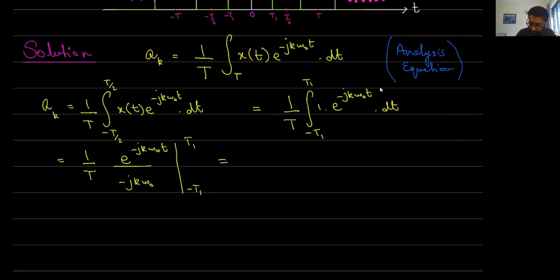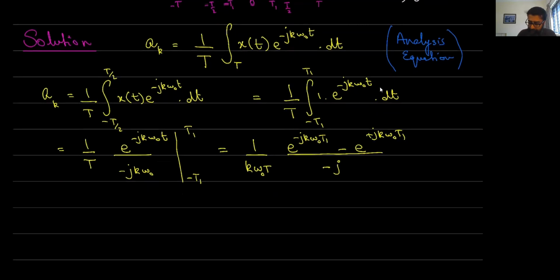Let me pull out this k omega naught outside, so this is 1 upon k omega naught times T, and over here I have e raised to the power minus j k omega naught t1 minus e raised to the power plus j k omega naught t1, upon minus j.